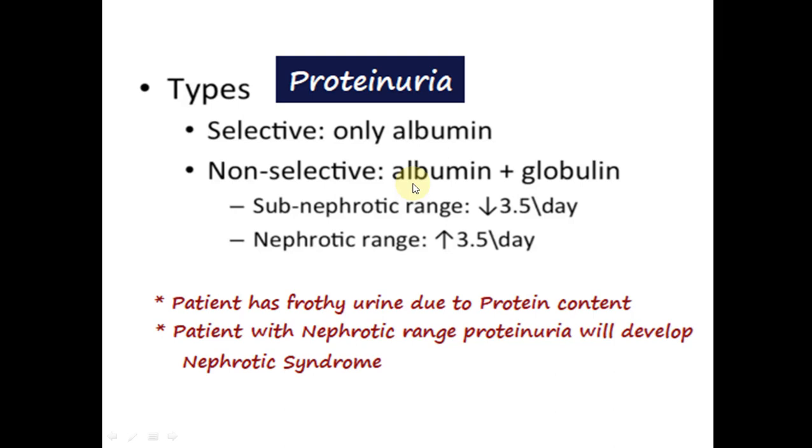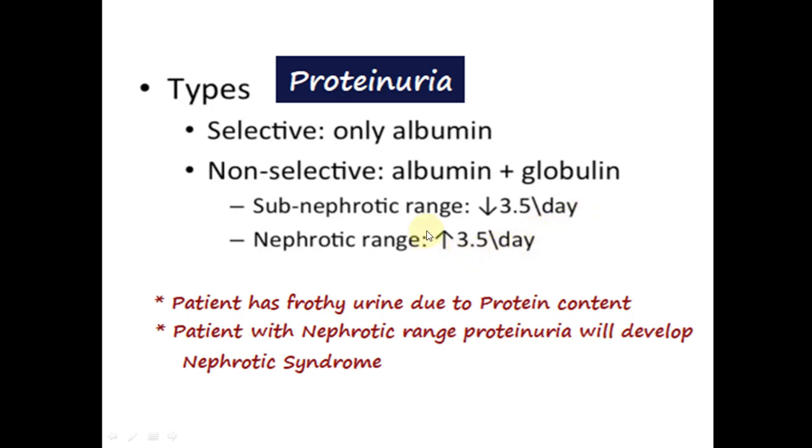If the amount of protein filtered into the urine is less than 3.5 grams per day, we call this subnephrotic range proteinuria, and the patient has proteinuria but no nephrotic syndrome.